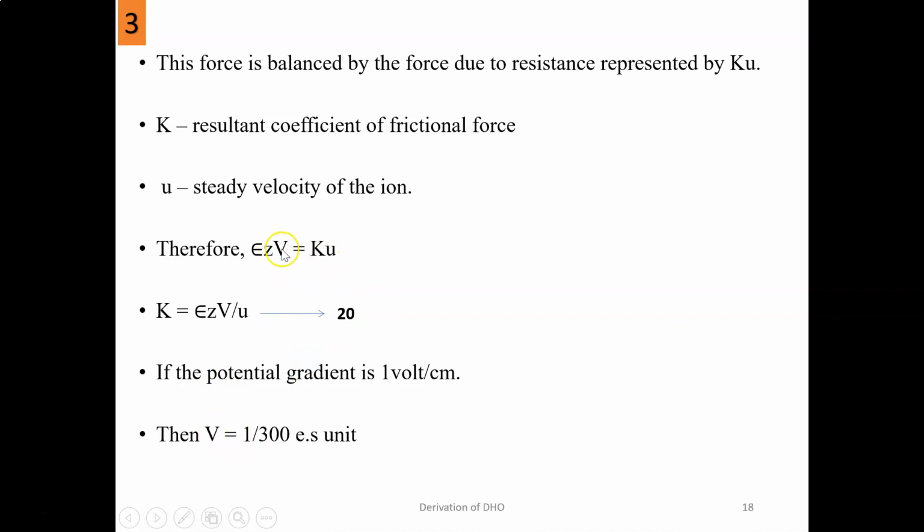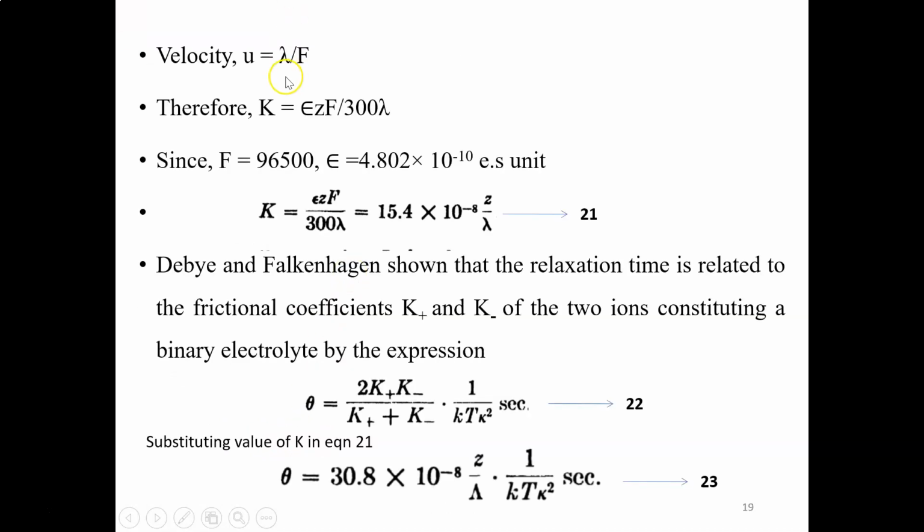We substituted the value for V, volt, as 1 by 300 electrostatic units, U as lambda by F, and we substituted the various values of F, epsilon, etc. Ultimately, we got K is equal to 15.4 into 10 raised to minus 8 Z by lambda.